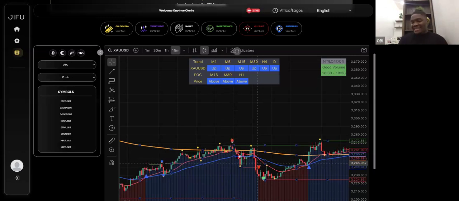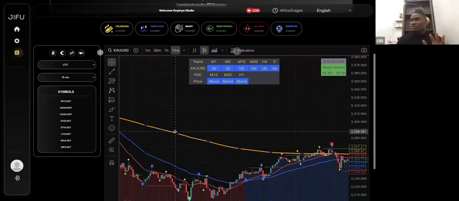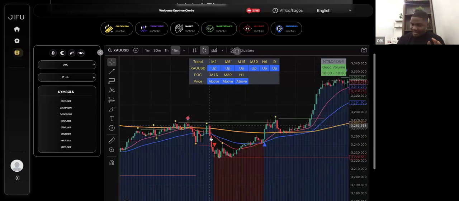But when this line is above the market, when the candlesticks are below this line, start looking for sales.